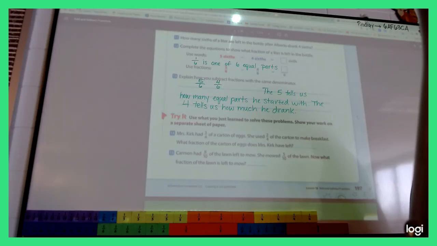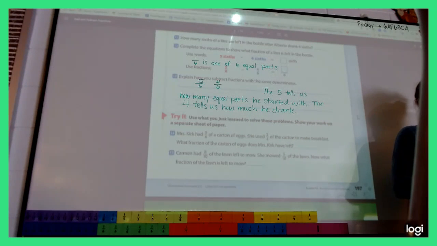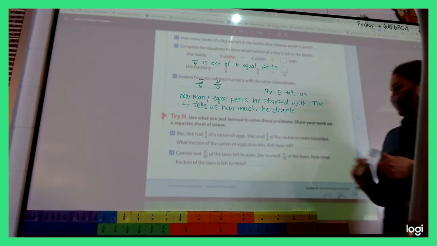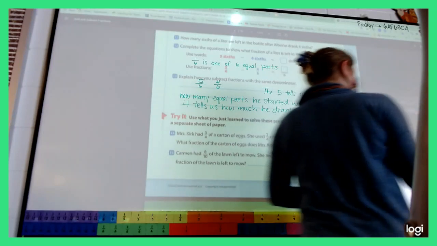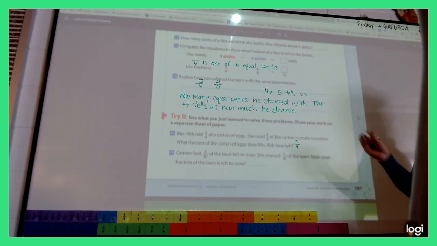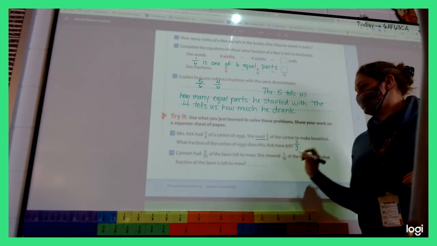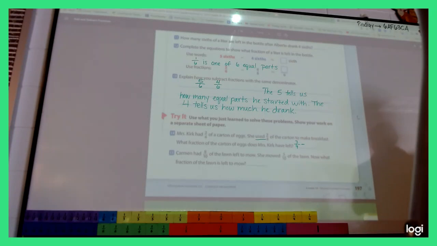All right, we're going to write a number sentence. What fraction of eggs did she start with? Angie, how many did she start with? 3/4. Okay, we'll write that first. All right, now the hardest part of this is deciding are we adding or subtracting, and that's not that hard. Hayden, what do you think? Subtract. All right, because she used some of the eggs, right? So we have to take away some. What fraction are we taking away?